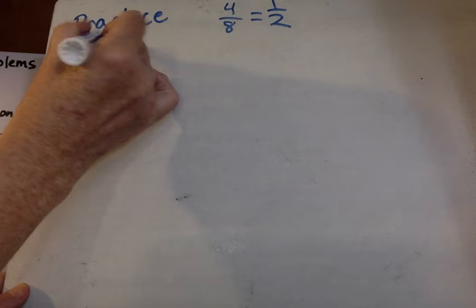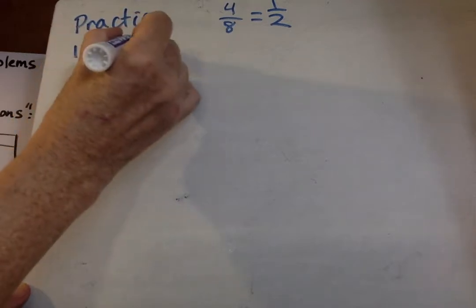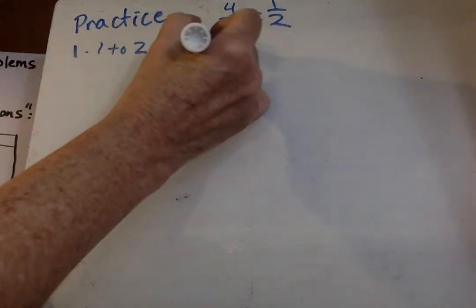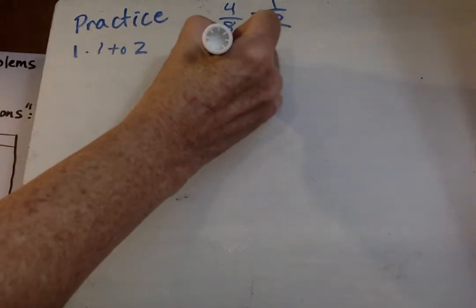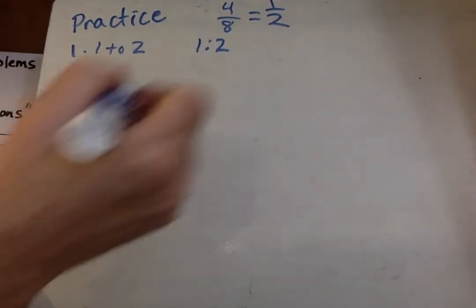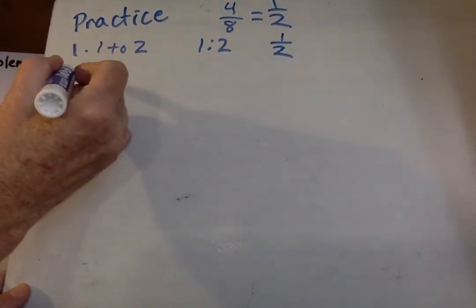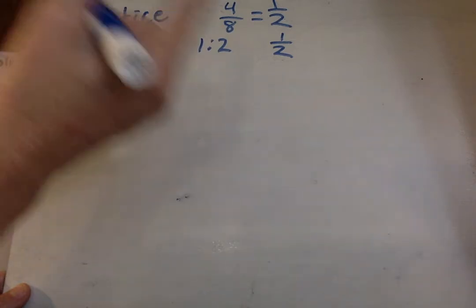So we could say 1 circle for every 2 squares. Then we could also put it with a colon, 1 circle to 2 squares. And then we could write it as a fraction bar, 1/2. So that's circles to squares.